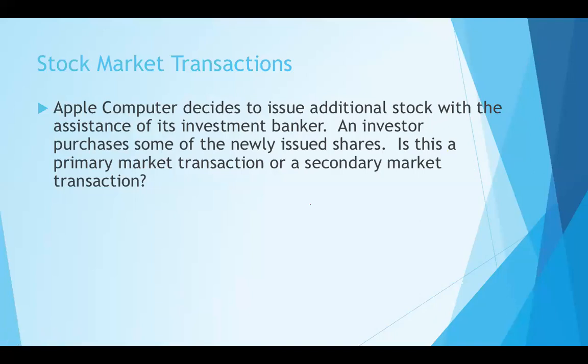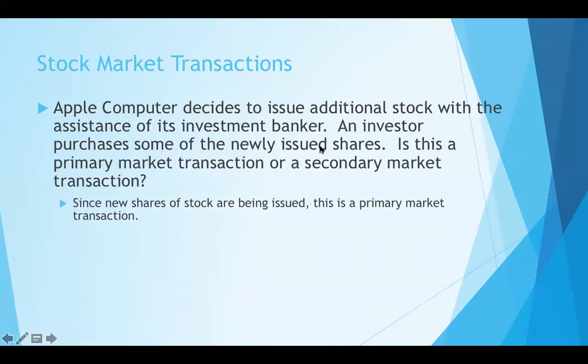Is it a primary market or a secondary market transaction? Secondary? Are you sure? Be careful. Newly issued shares. Yes, Apple's shares are traded in the market, but these are newly issued. So since they are newly issued, it is a primary market transaction, right?